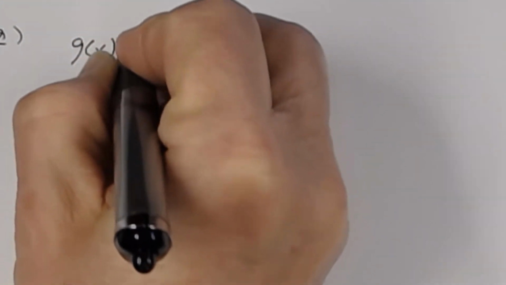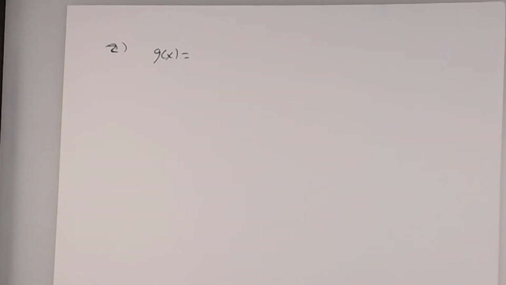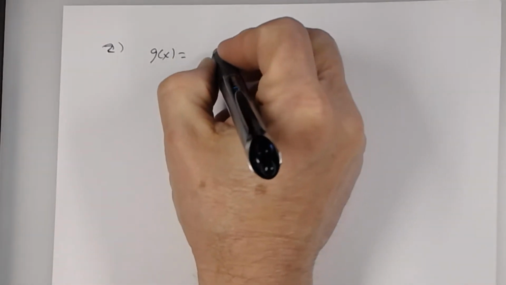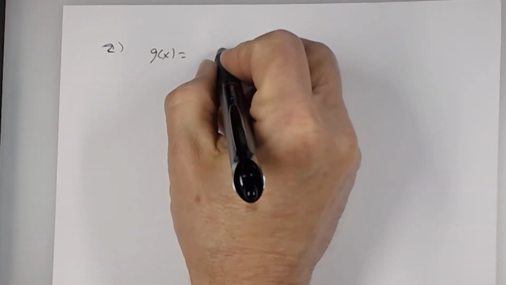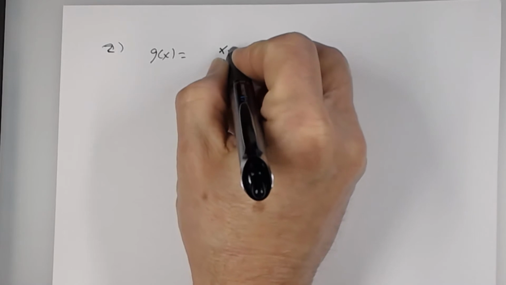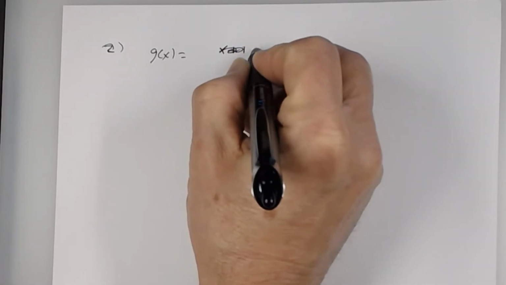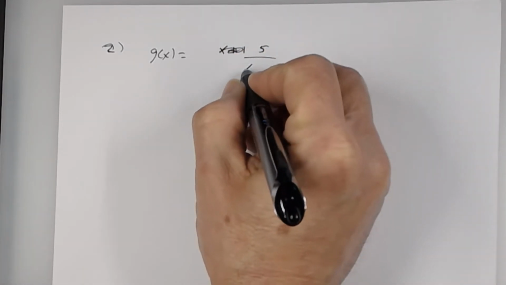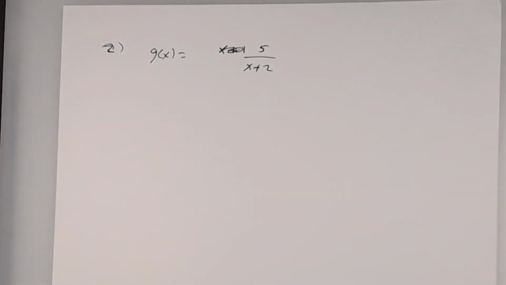G of x equals, let's say I had, x plus 1. Let's just do this. 5 divided by x plus 2. Let's make it simple. 5 divided by x plus 2.